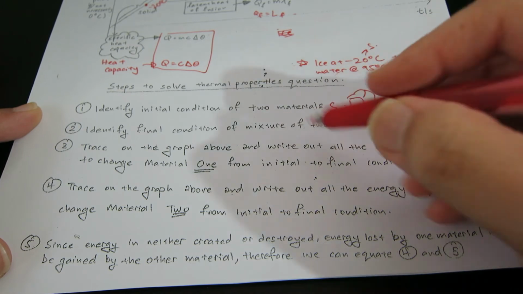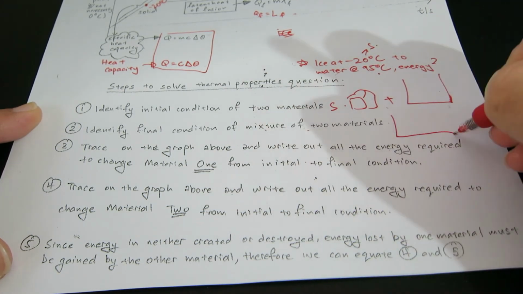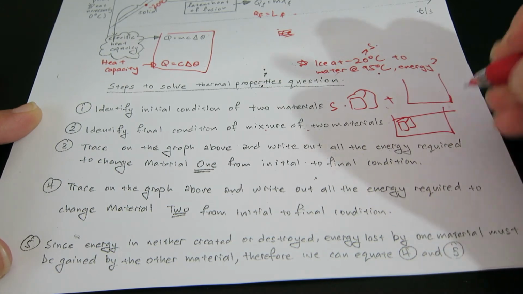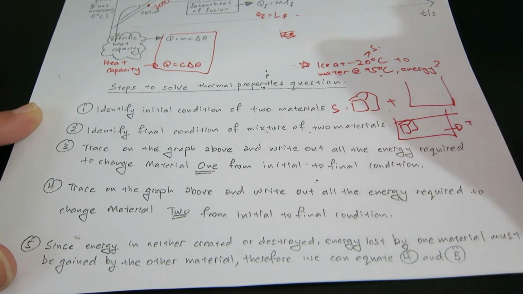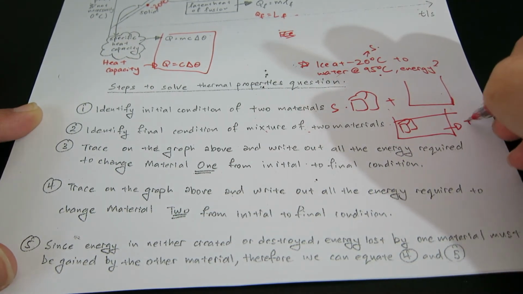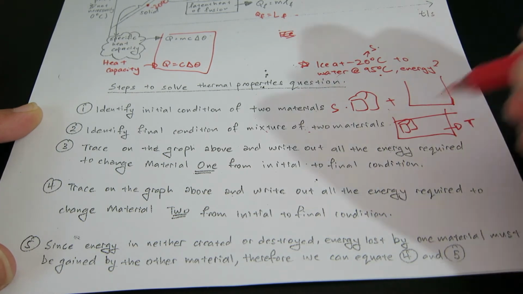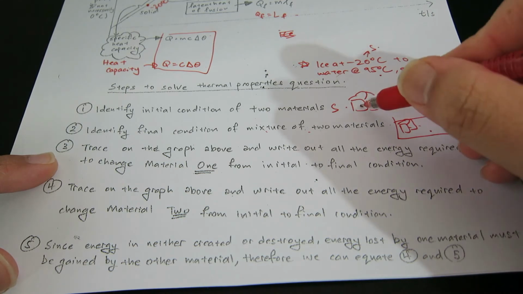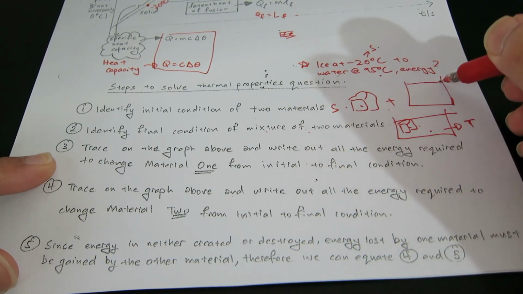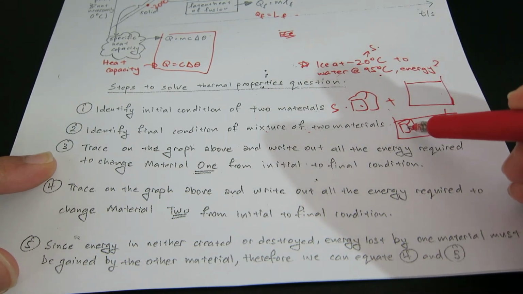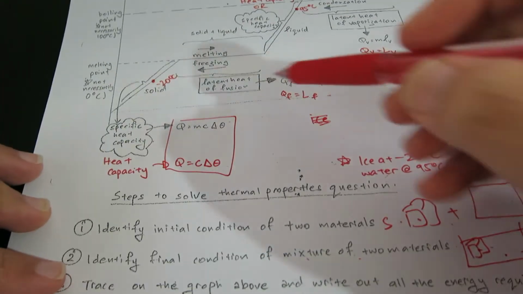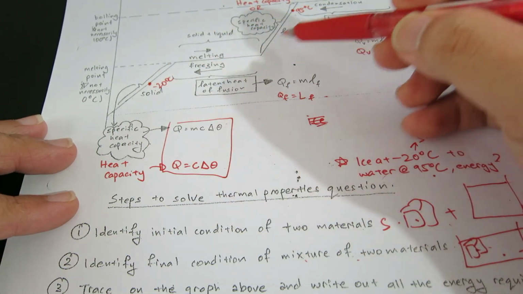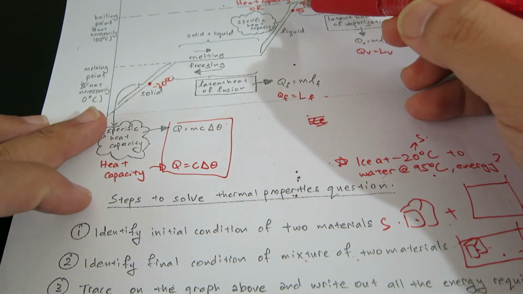And then you identify the final condition of the mixture. So you should have the ice in the water. They will reach a temperature that is the same because they have reached thermal equilibrium. Then after that, individually for the ice and for the water or the liquid, you calculate the energy it takes to get there. So let's say the ice totally melts and then reaches 95, then you know that the amount of energy taken in by the ice is this amount.